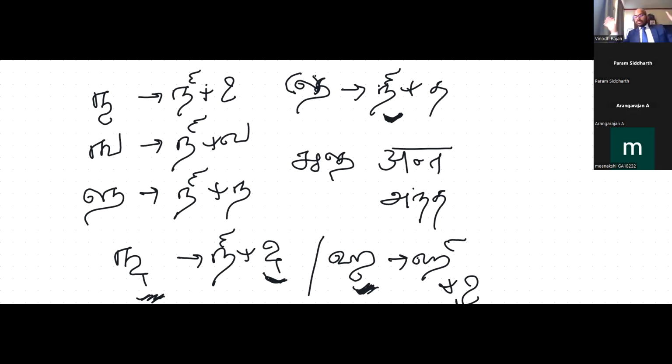That's a table in Grantha. Just go there. You can see there are around 15 to 20 forms where the letters are squeezed together. Dva, is it? The last one, it's dva, yeah. Dva. Okay.